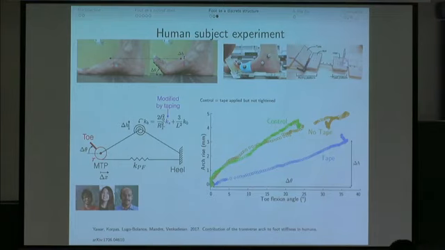So why does that happen? This is a simple model for why it happens. So this is all the midfoot and the stiffness of the midfoot modeled as a single spring. This is the plantar fascia, and this is the toe. The plantar fascia attaches to the bottom of the toe. So when you flex this toe, it pulls on the plantar fascia.